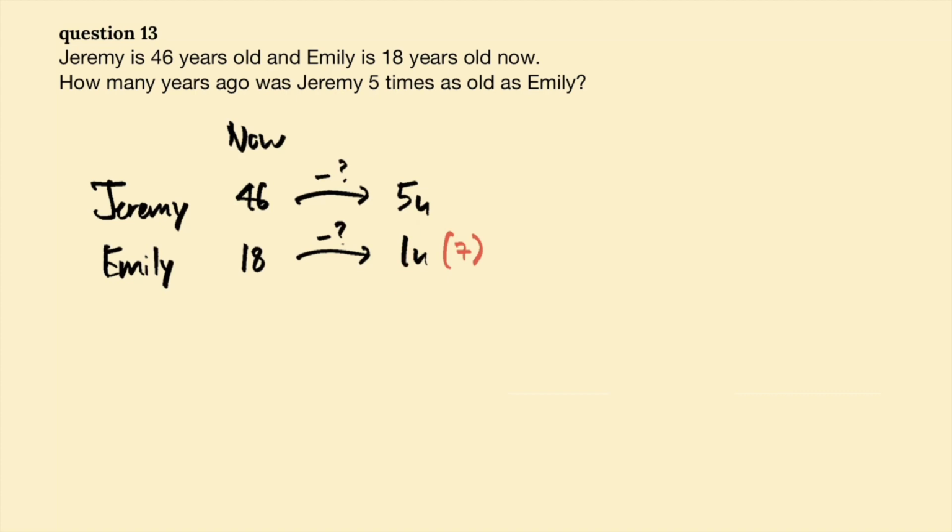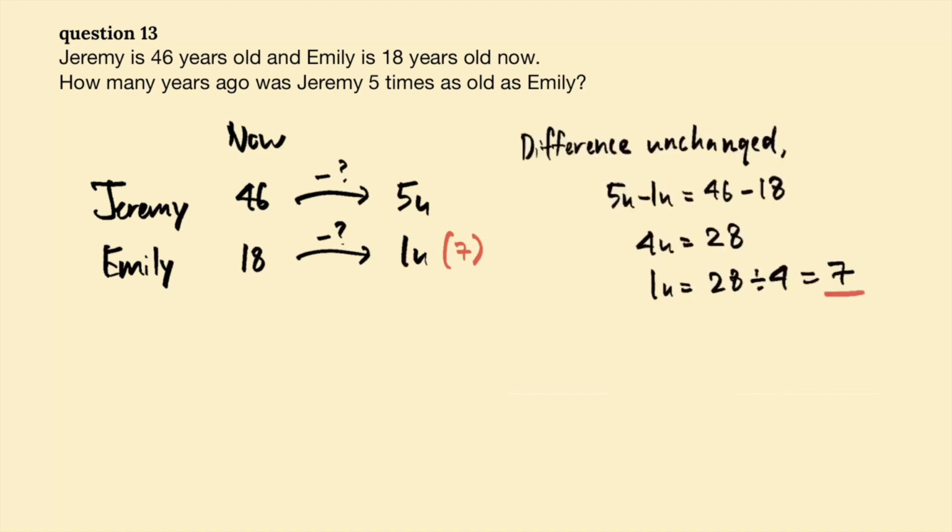Well, knowing that the difference is always going to be the same, therefore, the difference here, which is 4 units, will be equal to the difference here, which is 46 minus 18. So we have 4u equals 28. 1u, therefore, is 28 divided by 4, which is 7. That's how I got 7 over here for 1u. And how many years ago was that? So Emily was 18, and this was true when she was 7. So the difference is 11.